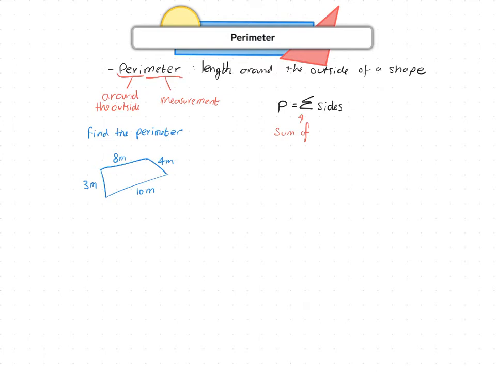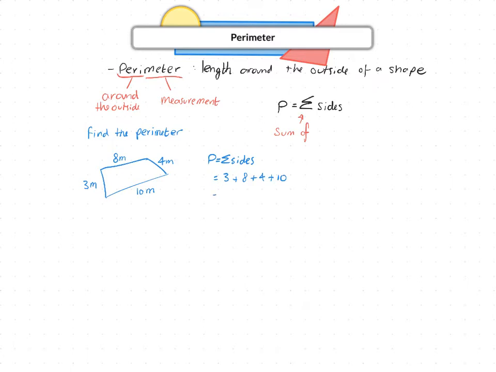So, how do we find the perimeter of that shape? Well, we use this rule. Perimeter equals sum of the sides. Now, I prefer writing my rules, even if they are very simple ones. So, perimeter equals sum of the sides. And in this case, the sides are 3, 8, 4, and 10. So, sum of the sides means we need to add all of those. So, we are going to do 3 plus 8 plus 4 plus 10.